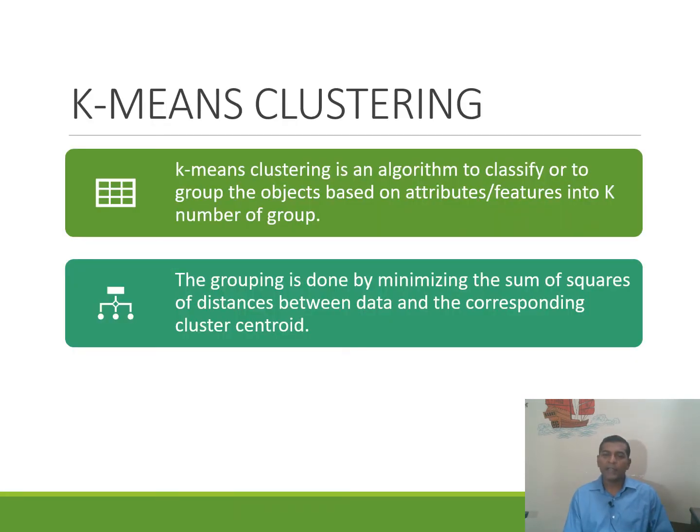K-means clustering is an algorithm to classify or to group the objects based on their attributes or features into k number of groups. This is the general methodology that we apply under the k-means clustering algorithm. Whenever we think of clustering, we are supposed to define the groups, and whenever we define the groups, we are supposed to assign each object to a particular group.